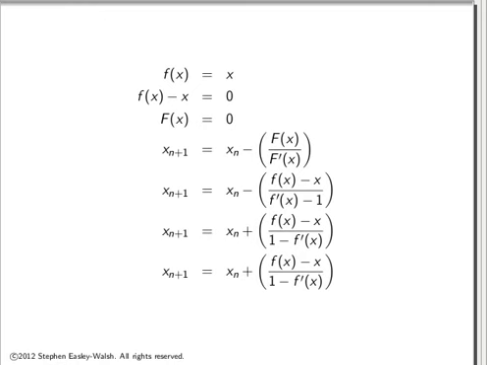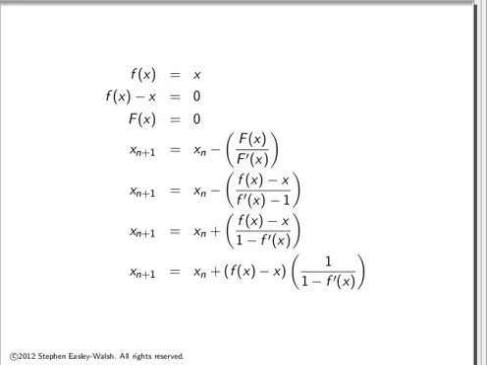So I'll take that top line out, replace it by 1 and then put it in the front. Okay. So, yeah, you see what I did there? Now, that piece there, 1 over 1 minus f derivative.